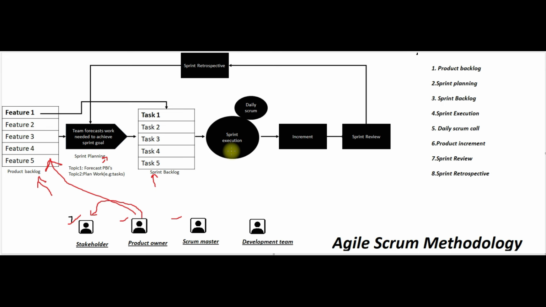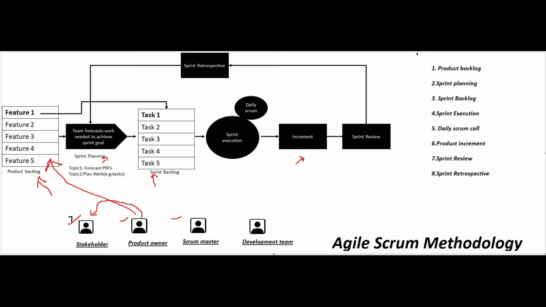When all the tasks are completed, we can take that as sprint completed. So that is called an increment. When you complete the sprint, the status will change to done. When the sprint status changes to done, it means the incremental new feature is added to the product.